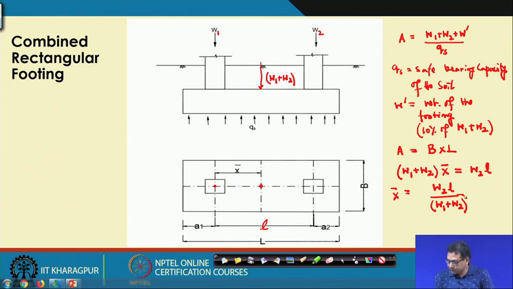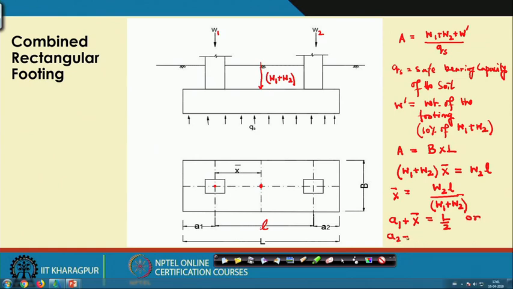Okay. Similarly, I can write that A1 plus x bar will be equal to L by 2, or A2 plus L minus x bar, that is also L by 2.